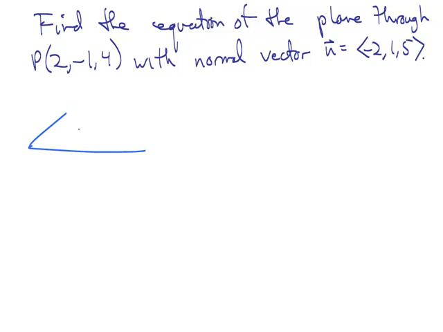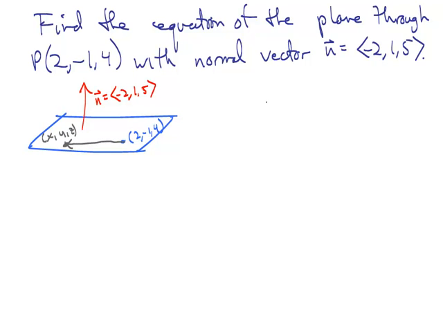Again, here's our plane. We've got some point on here, 2, negative 1, 4. We've got some normal vector n that has the components negative 2, 1, 5. And we simply pick another point, x, y, z. We form the vector from 2, negative 1, 4 to that generic point we want to be on our plane, x, y, z. That has to be orthogonal to that normal vector.